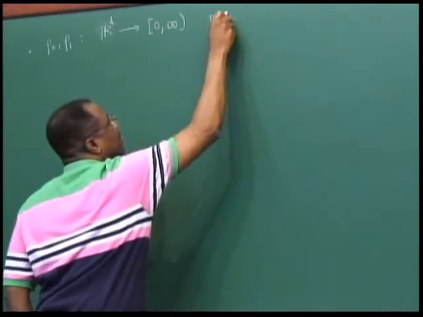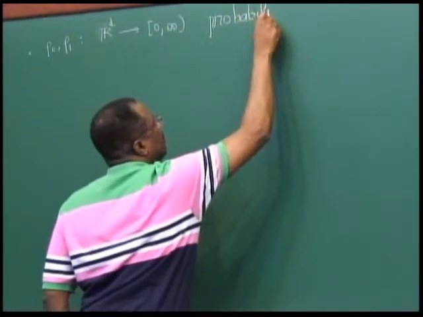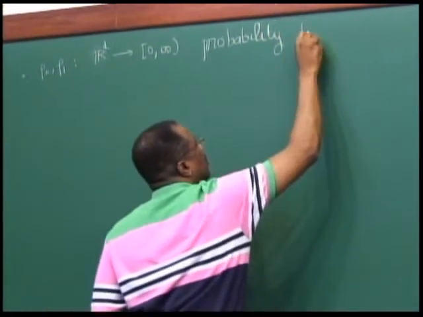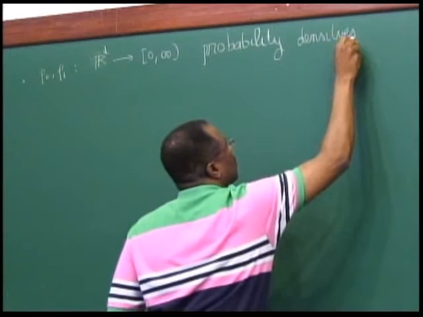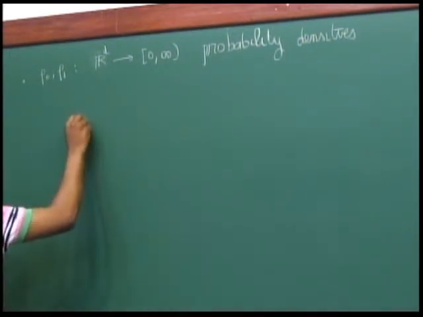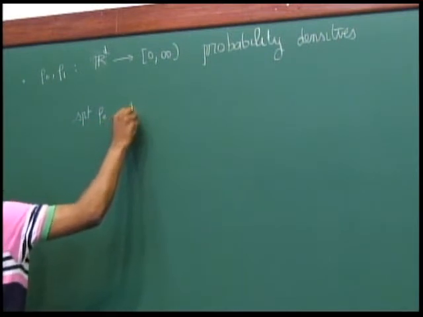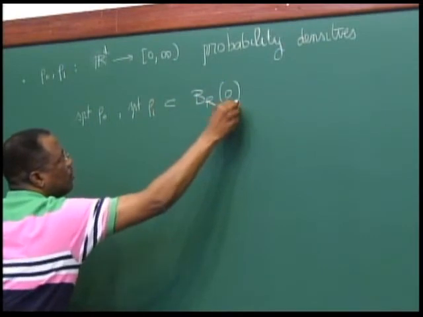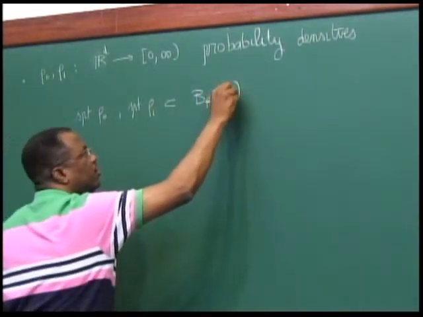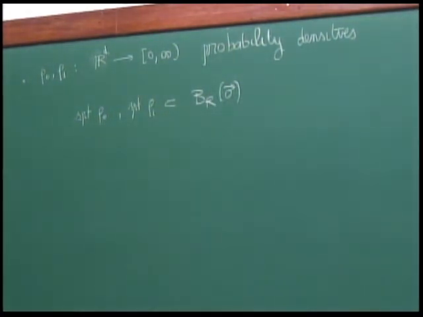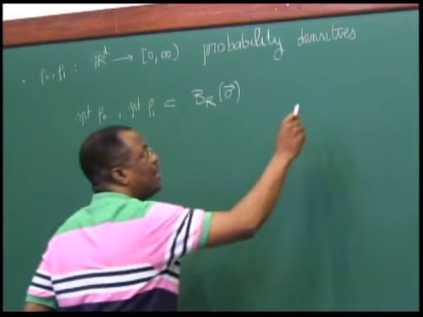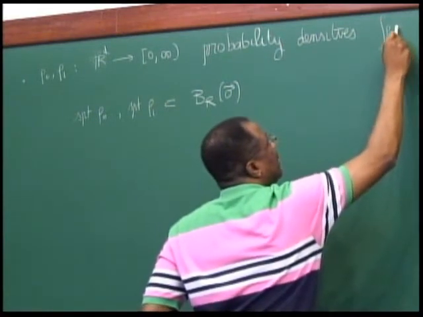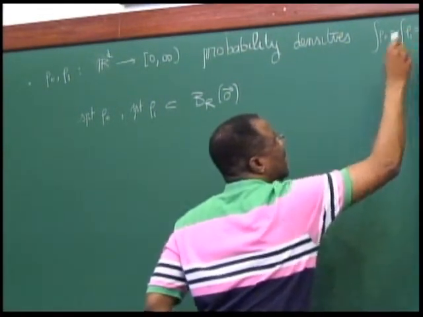These are probability densities, such that the support of rho naught and the support of rho 1 are contained in the open ball of center the origin, radius r. So saying that this is a probability density means that the integral of rho naught and the integral of rho 1 are both 1.